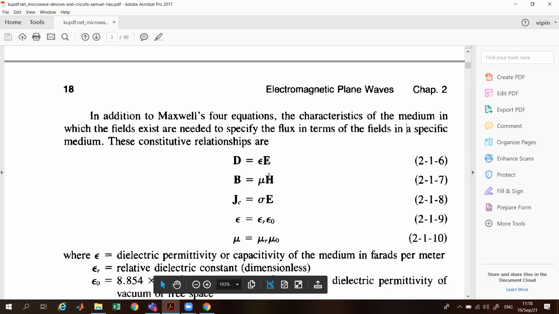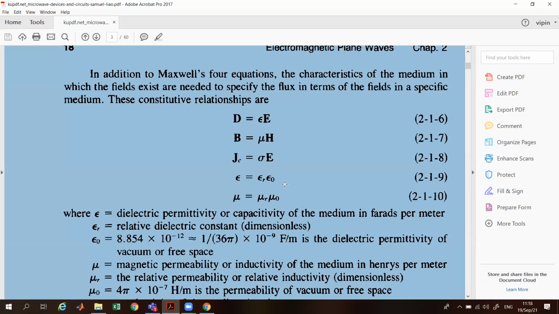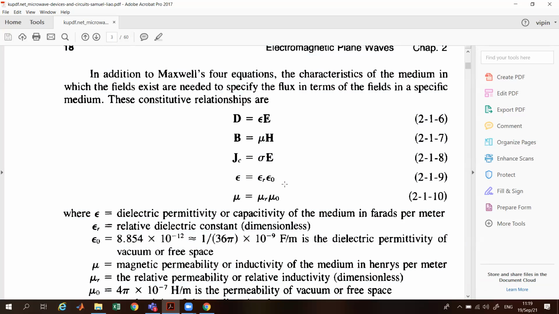where epsilon is equal to epsilon r epsilon naught, which is constant with respect to the space, the propagation area in which we are. Mu is equal to mu r into mu naught. Epsilon is the dielectric permittivity or capacity of the medium in farads per meter.